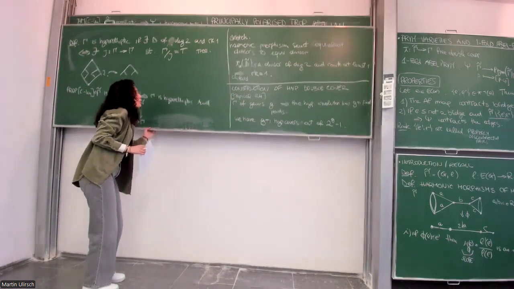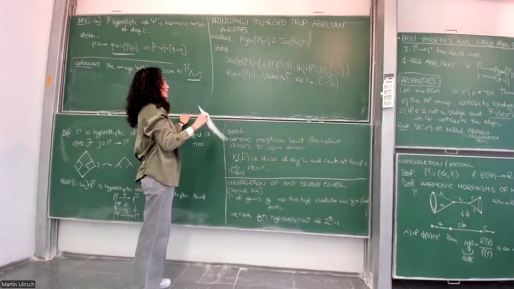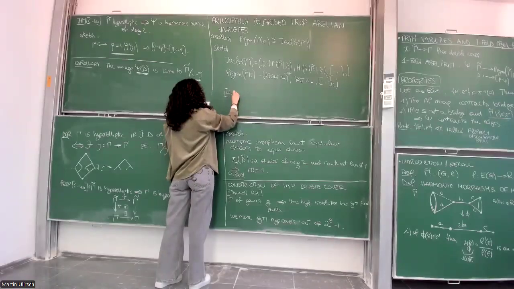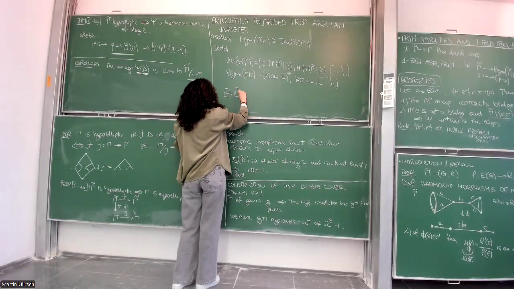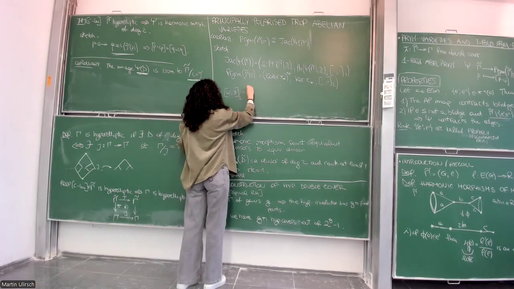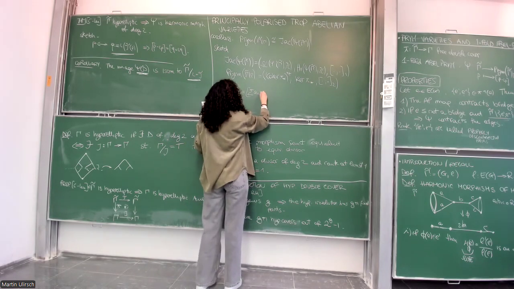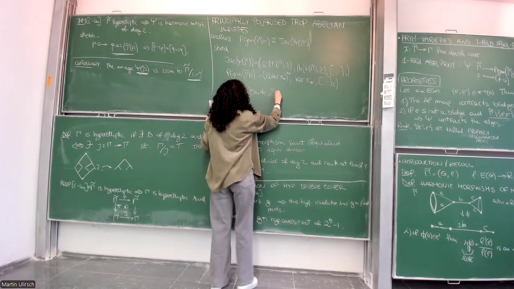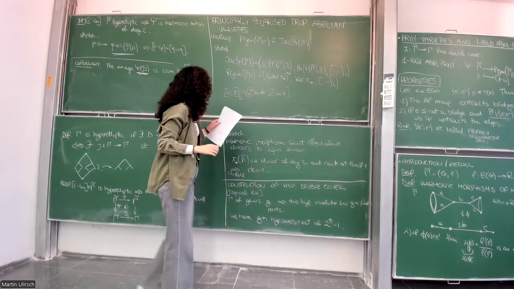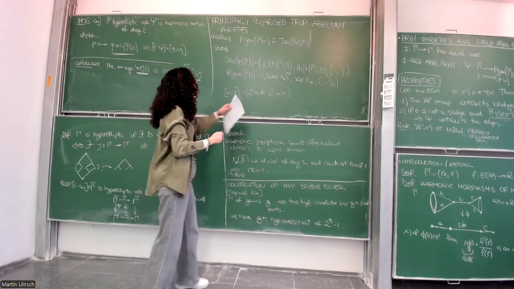So essentially, if we want to compute the intersection pairing, if we have a one form and a cycle, the one form will be a sum of some coefficients b_e times e, with b_e an integer.